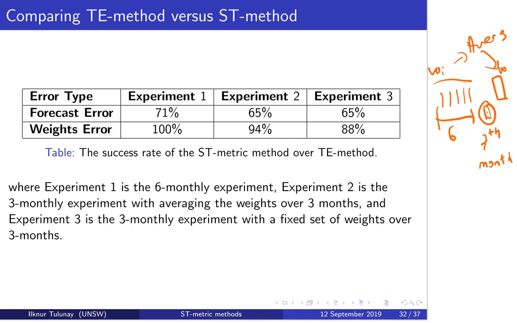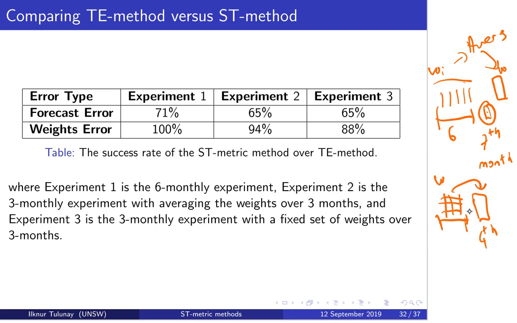That is experiment 1, for 6 months; experiment 2 is for 3 months. Experiment 3 corresponds to the same weights, calculated from the previous data, looked at the 4th month, and used the same weights for it.